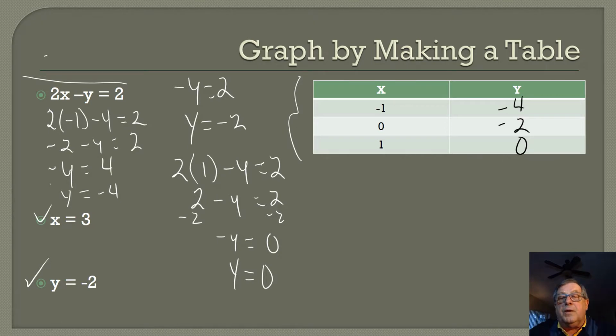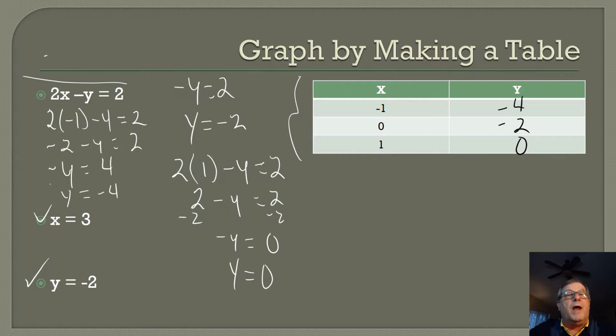It's just going to be a vertical line. No matter what the value of y is, x still equals 3. And in the third equation, y equals -2, well, that's going to be a horizontal line. Again, y is always going to equal -2 no matter what the value of x.